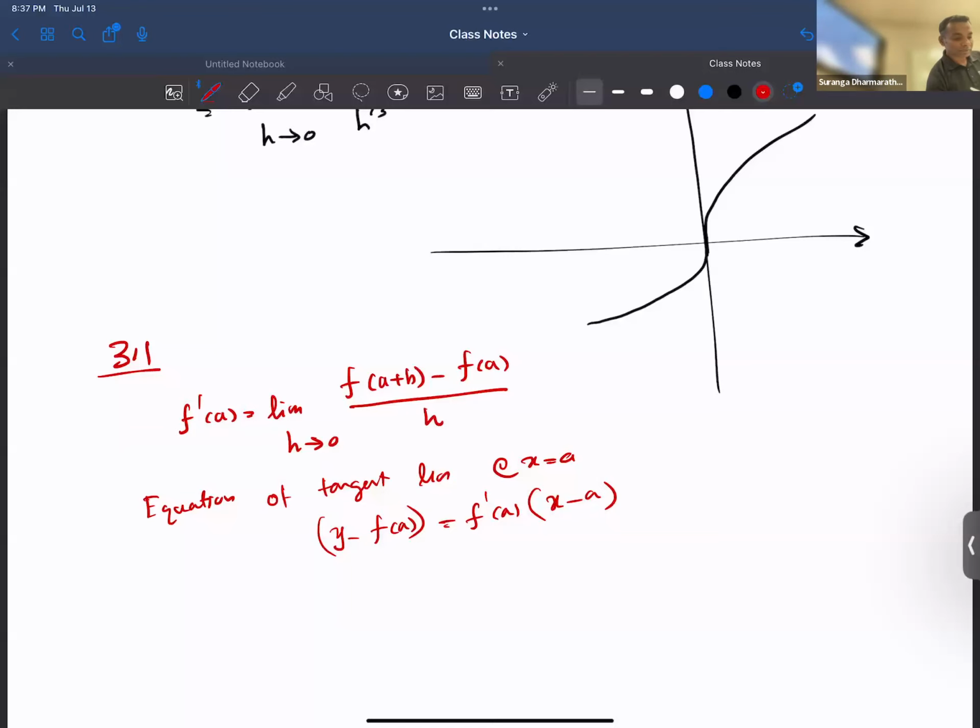And then we learned that if you have a linear function f of x equals mx plus b, f prime of a is equal to m for all values of a.